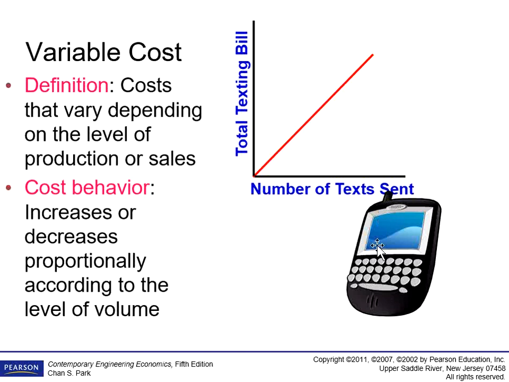So it is a cost that varies depending on the level of production. As another example, of course now texts are free, but there was a time when we had to pay money for SMS messages, right? So the number of texts sent and the bill for each message.